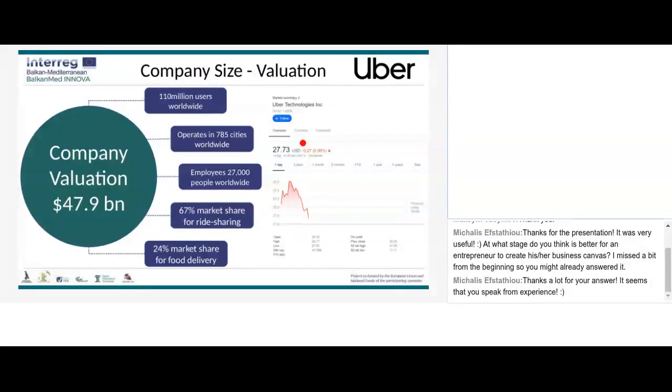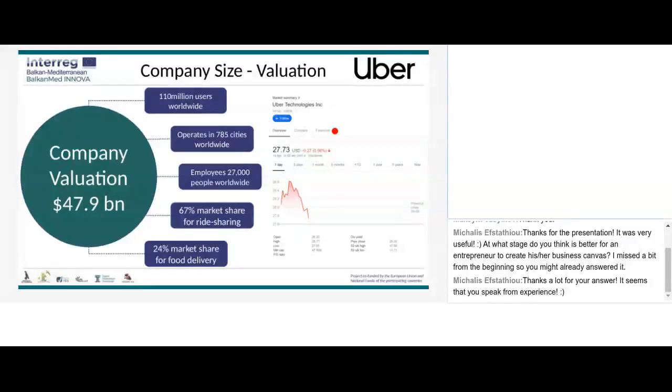But that's the whole Uber company, which includes some other things as well, not only the service for taxi riding. Uber has over 110 million users worldwide. It operates in 785 cities worldwide.